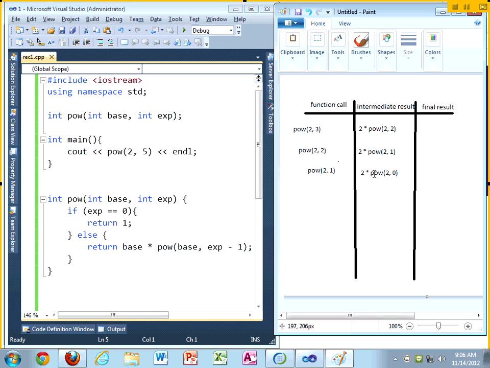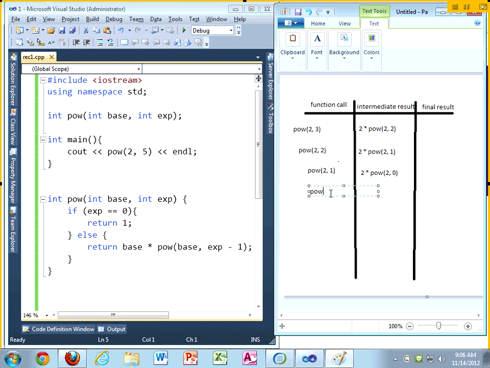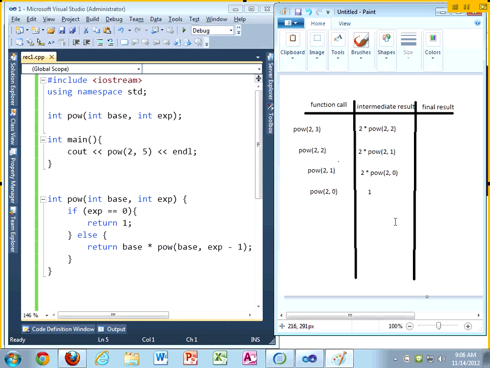Okay, but we don't know what PAL of 2, 0 is. So we've got to figure out what PAL of 2, 0 is. So PAL of 2, 0. What's PAL of 2, 0? If I look over here at my code, now I see exponent is equal to 0, so I'm returning 1.